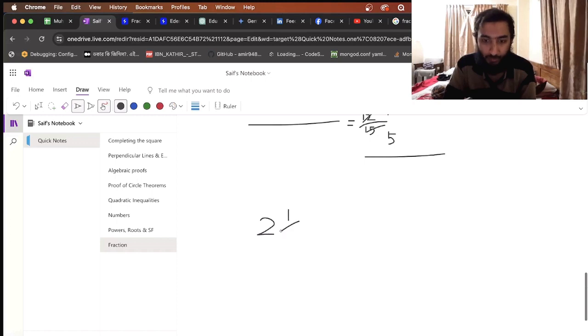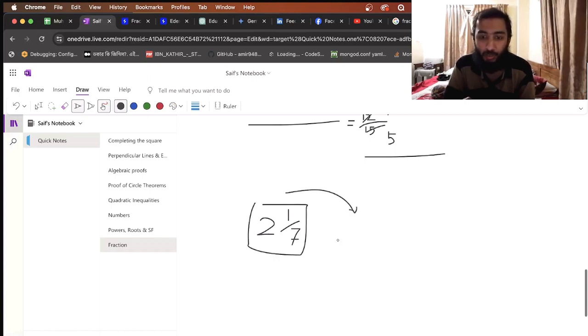Let's change this into the original form of the fractional number. The denominator is 7. If I multiply the whole number with the denominator of the fractional part, 7 multiplied by 2, and add the numerator 1, it is 15.